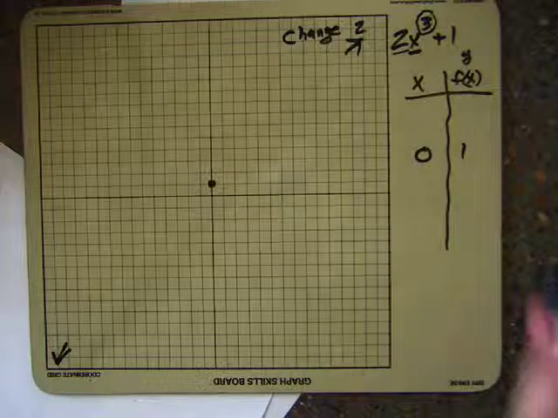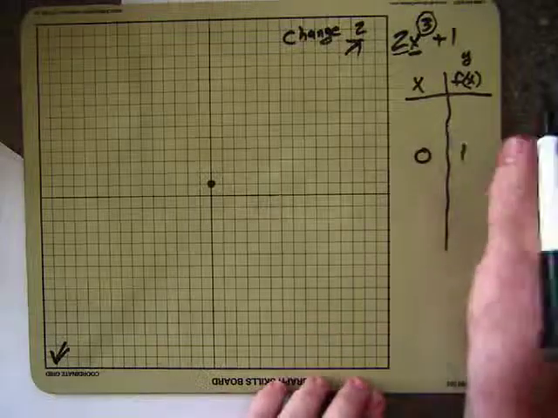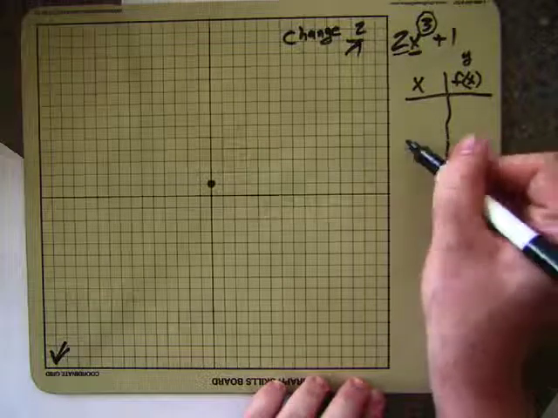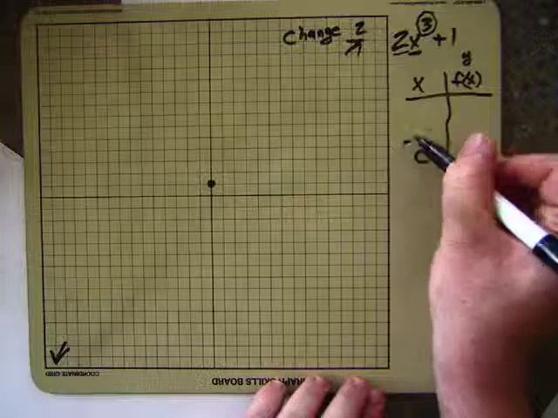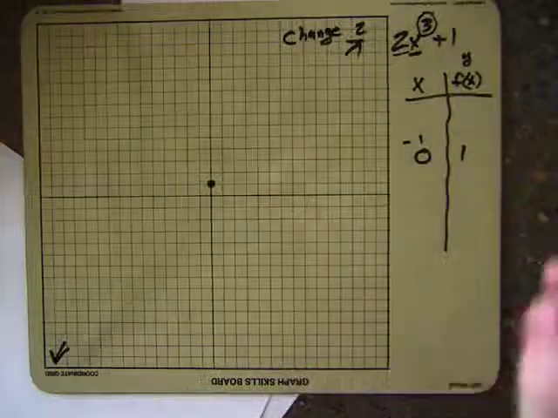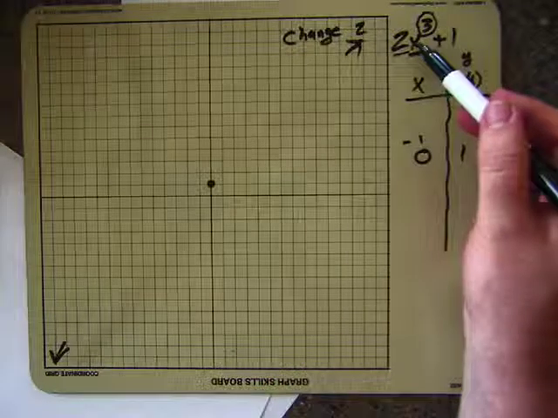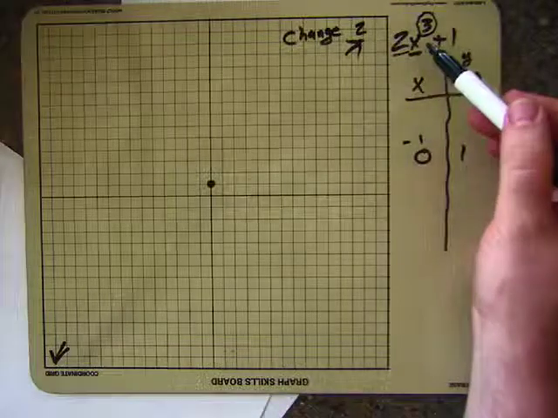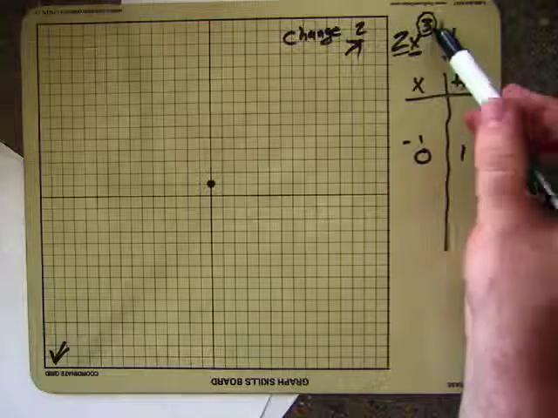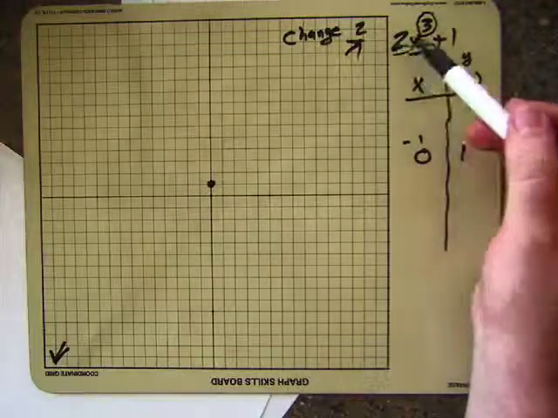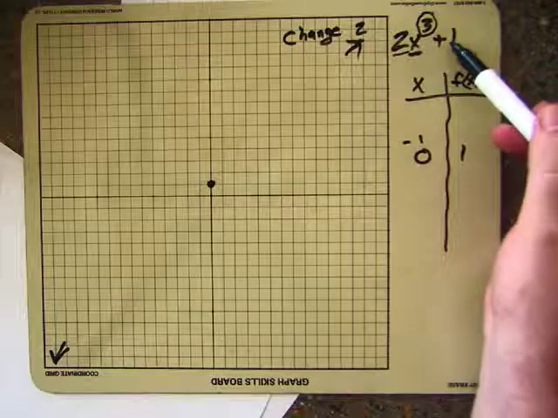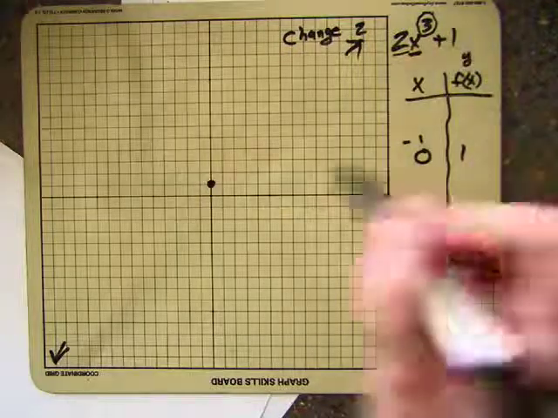Well, now let's just go both directions here for just a second. Let's just say I want to see where it goes when x is -1. Well, what's -1 cubed? -1 times -1 is 1. 1 times a -1 is -1. So now we've got -1 times 2 is -2. -2 plus 1 is -1.